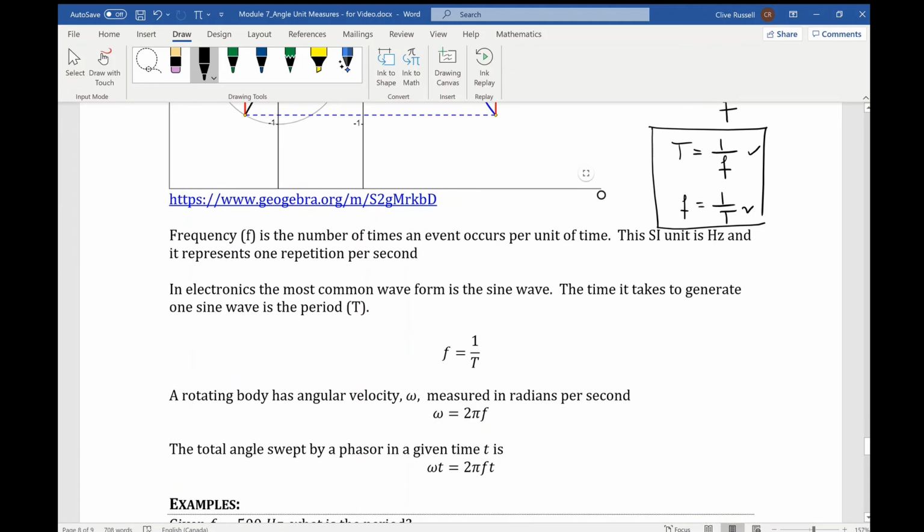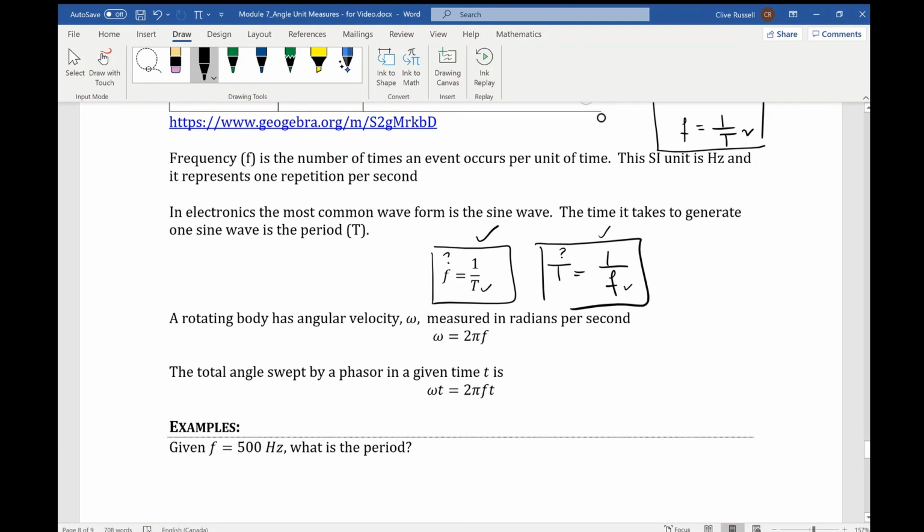So you could see here that you have the formula for the frequency, but if you manipulate the formula, T is equal to 1 over f. The first one is used if you know T and want to find f, and the second one is used to find T if you know f.